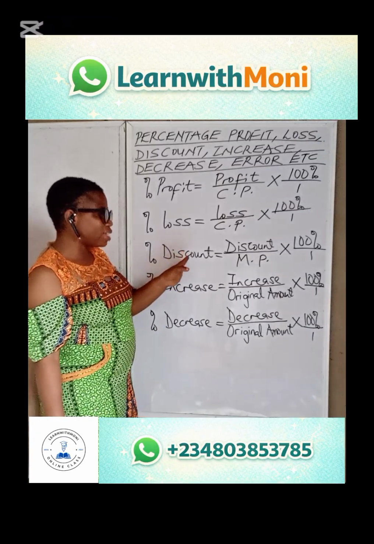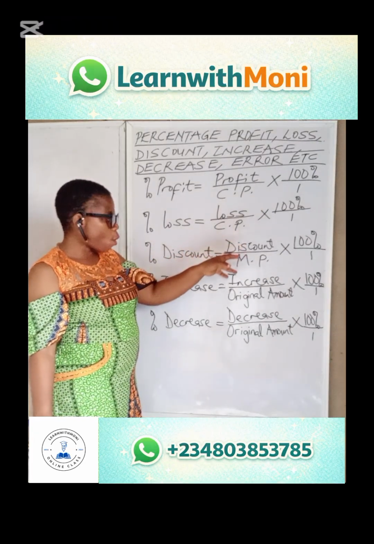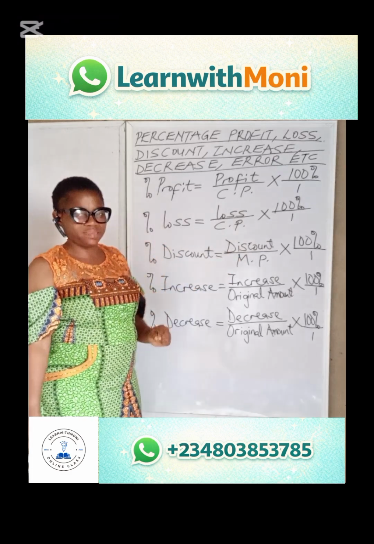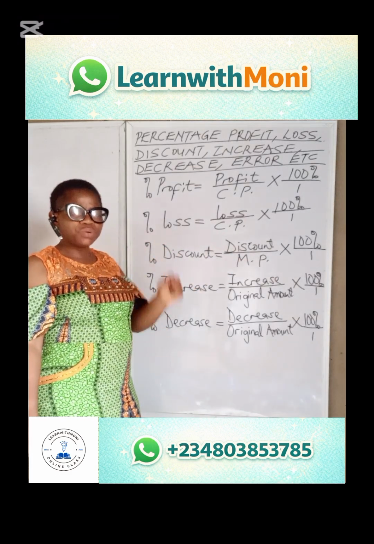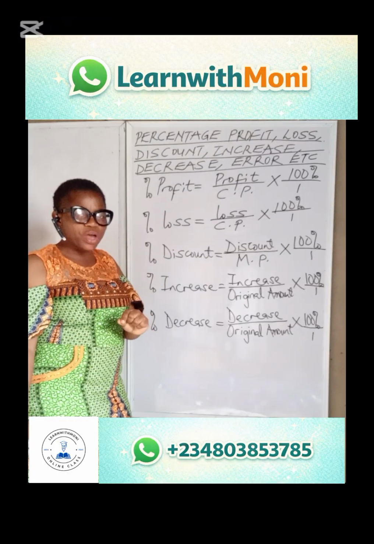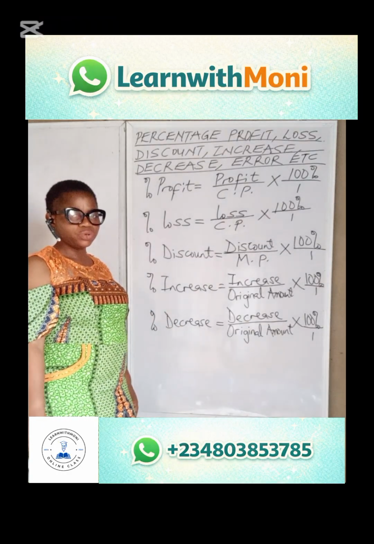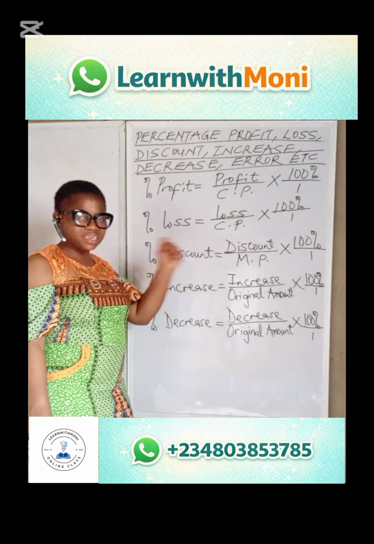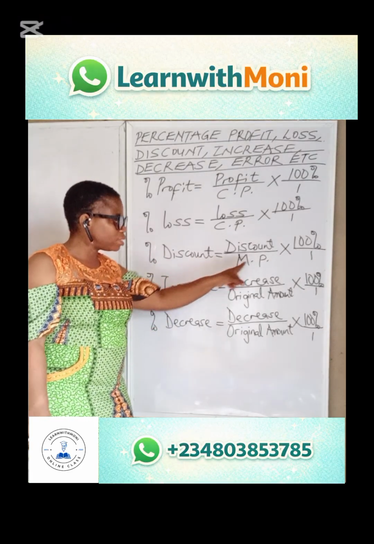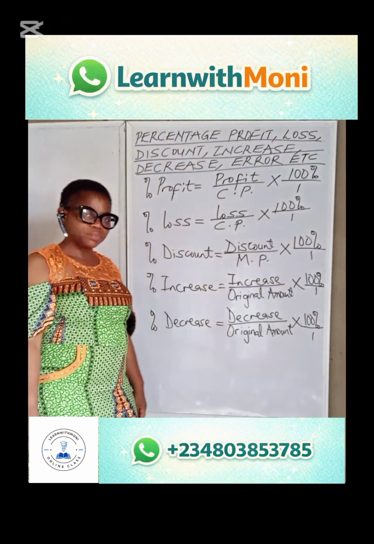If it is percentage discount, it's going to be the actual discount over the marked price. The original price the seller wanted to sell it before he gave you a discount and sold it at a lower price to you. The original price, the initial price, the marked price, times 100% over 1.